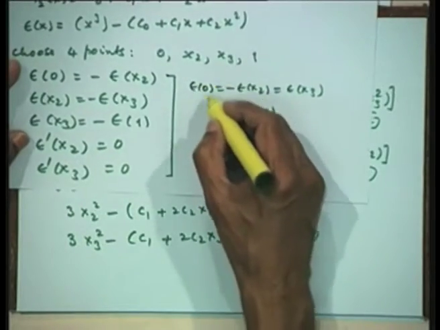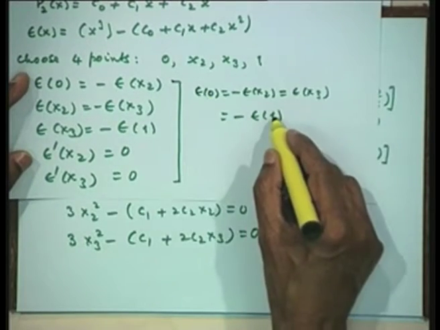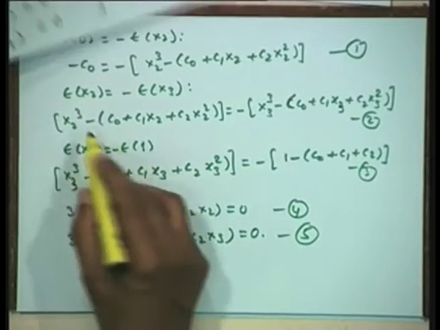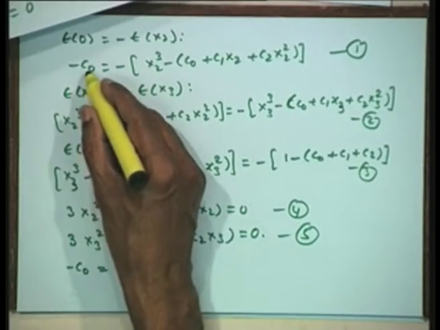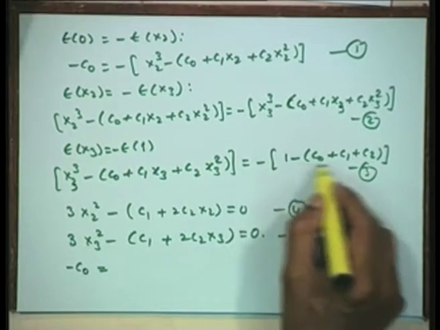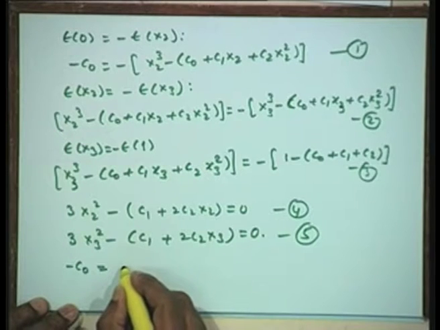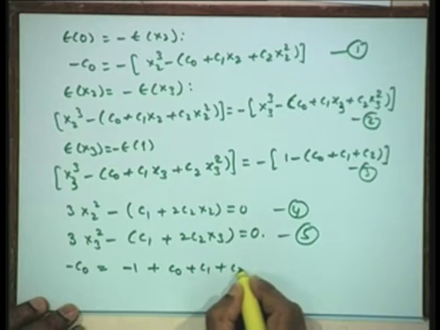I would like to use this particular equation which gives me a solution immediately, epsilon 0 is equal to minus epsilon 1. So, if I do that, epsilon 0 is minus c 0, and minus epsilon 1 is here, so I can lift it as it is. So, this will be equal to minus 1 plus c naught plus c 1 plus c 2.